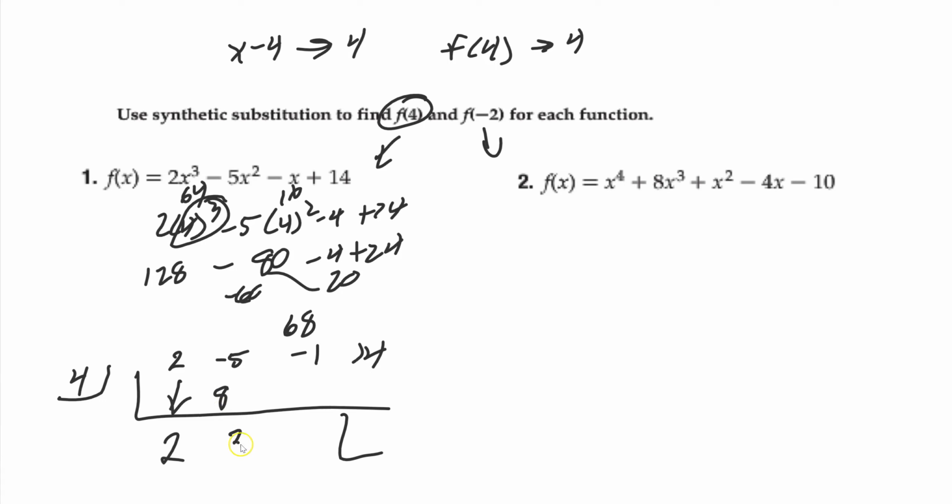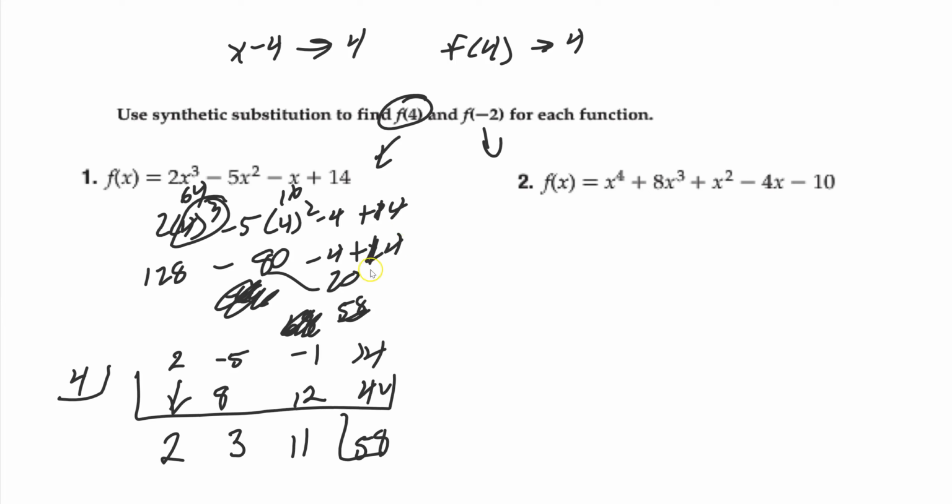You add down, you get 3. You multiply across, you get 12. Add down, you get 11. 11 times 4 is 44. And you get 58. I think I did my math up here wrong. That's embarrassing. 58. Yeah, you see, it's the same answer both ways. Yeah, right there, it should be 14, not 24. So 58. My writing is bad.